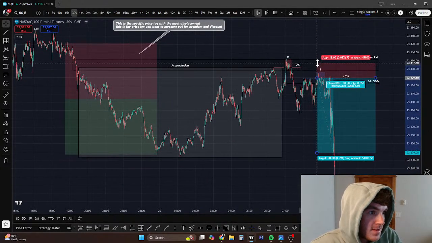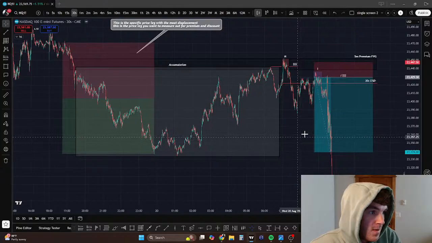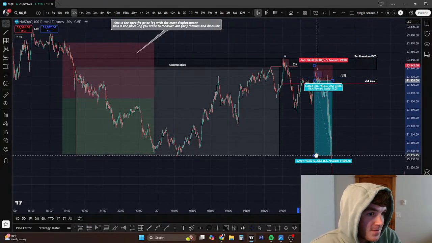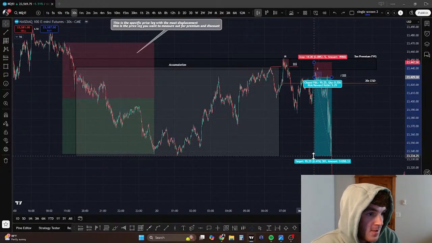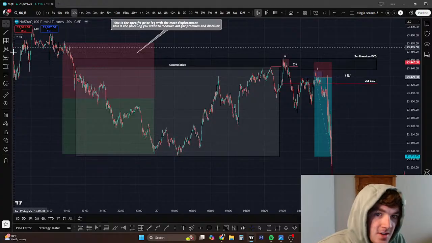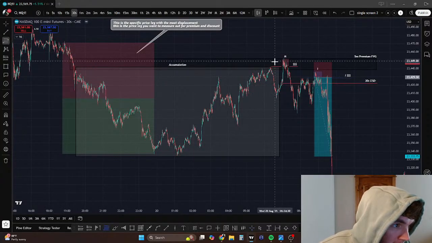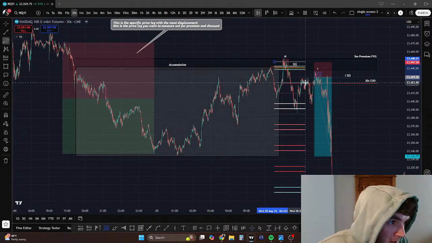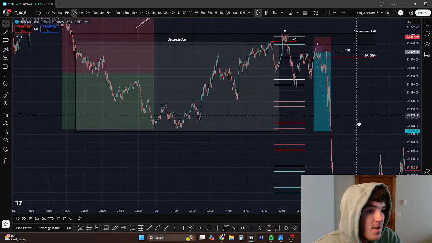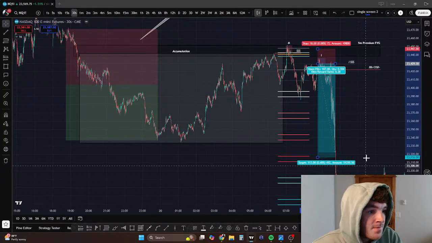Actually, I probably put stop loss here. And then if you target the range lows, that's 5.3 to 1. Actually, let's target the fourth standard deviation. So from here to here. We actually don't hit OTE. But anyway.